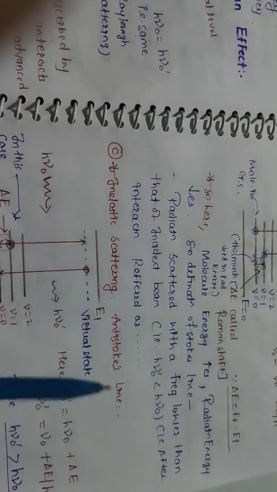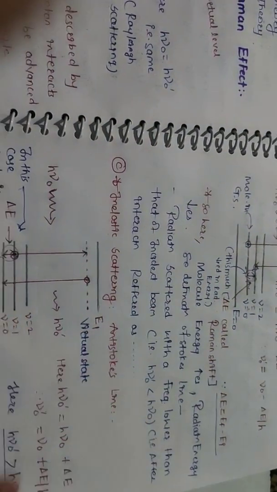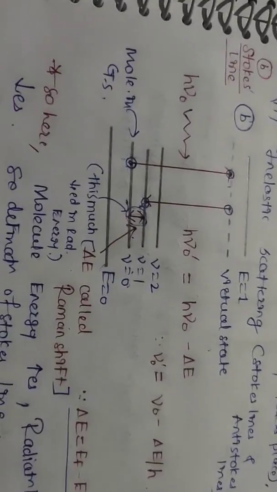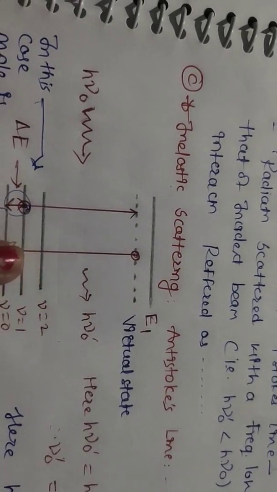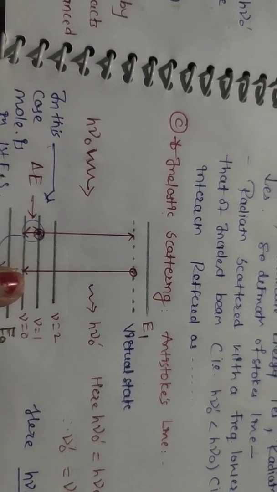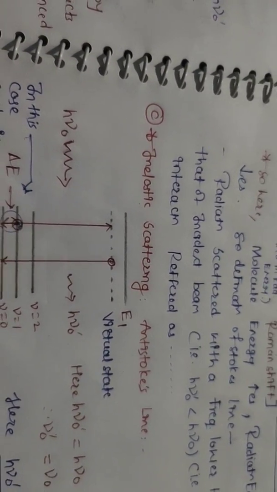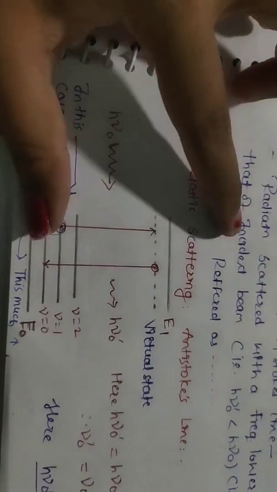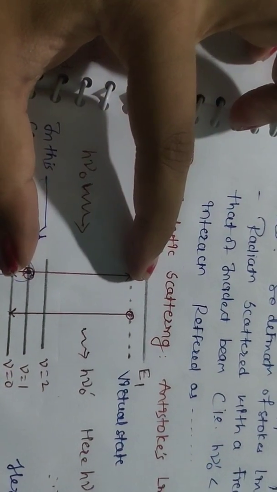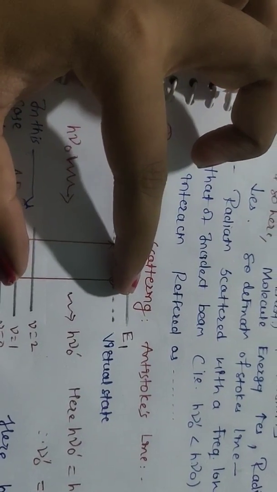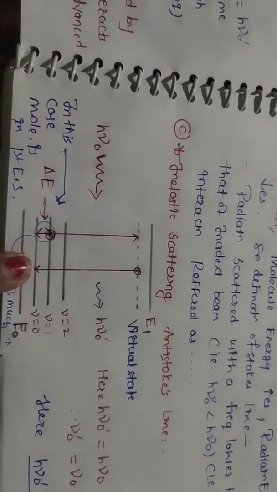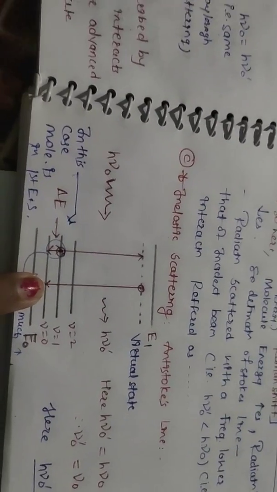But the basic difference between B and C is what? Here energy decreases, but from the diagram you will clearly see that here energy increases. Suppose initially this is 10, and after interaction the energy increases by, suppose, 5.